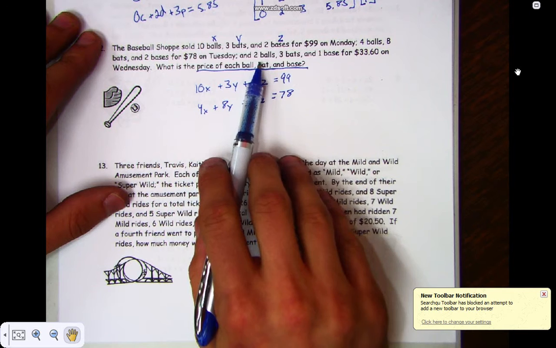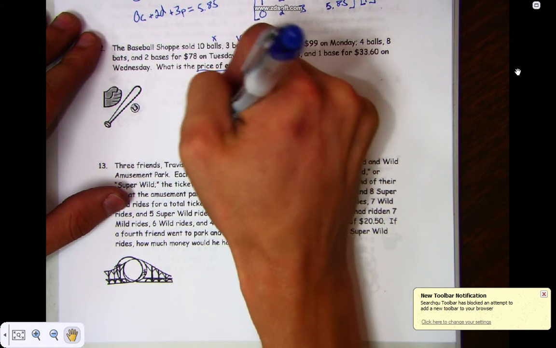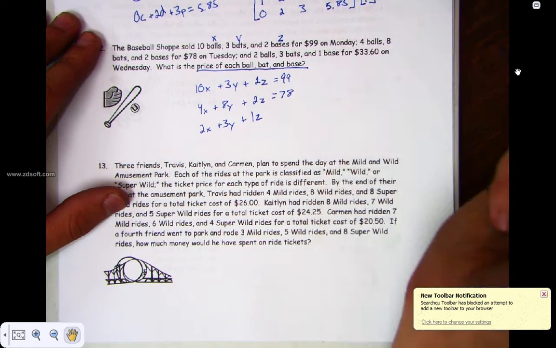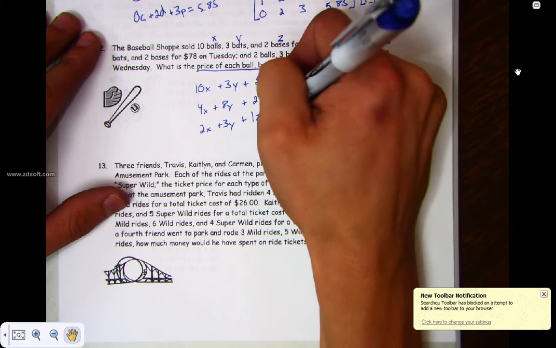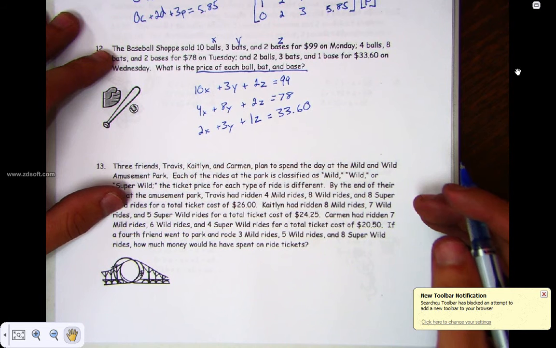Then we have 2x plus 3y plus 1z equals 33.60. And we're finished with our equations.